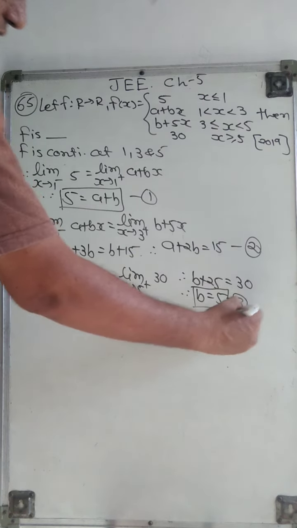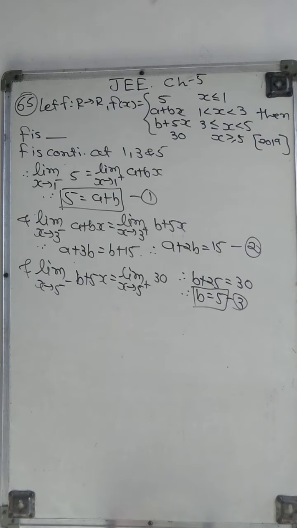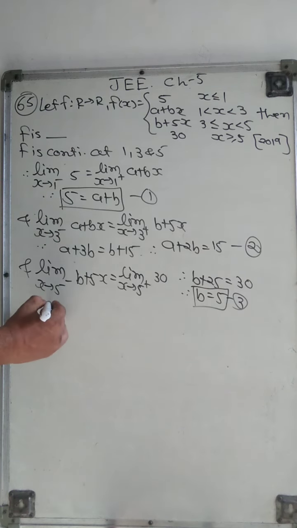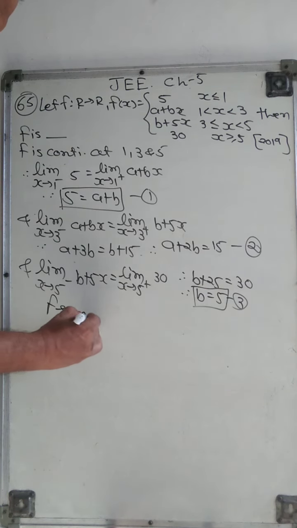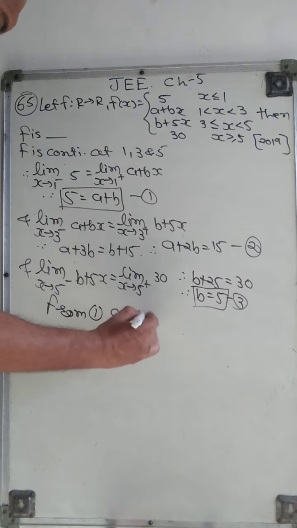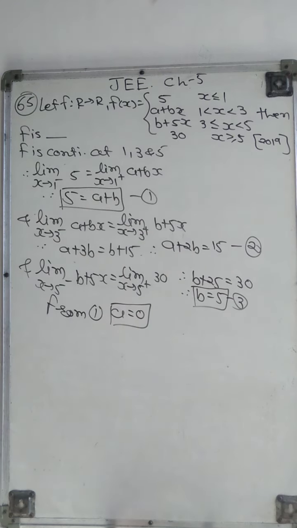This is our third result. Now here from 1, 2 and 3, we can say that first of all, if we put b equal to 5 here from 1, a equal to 0. Now a and b are obtained.